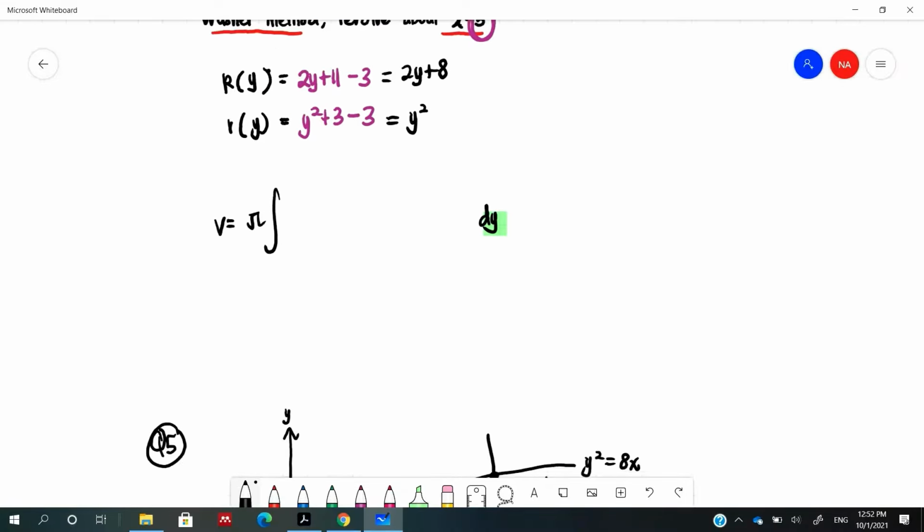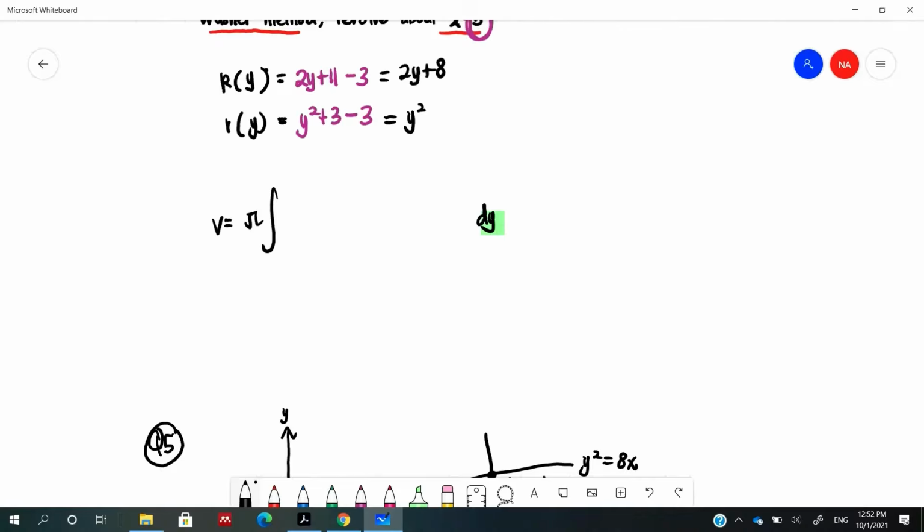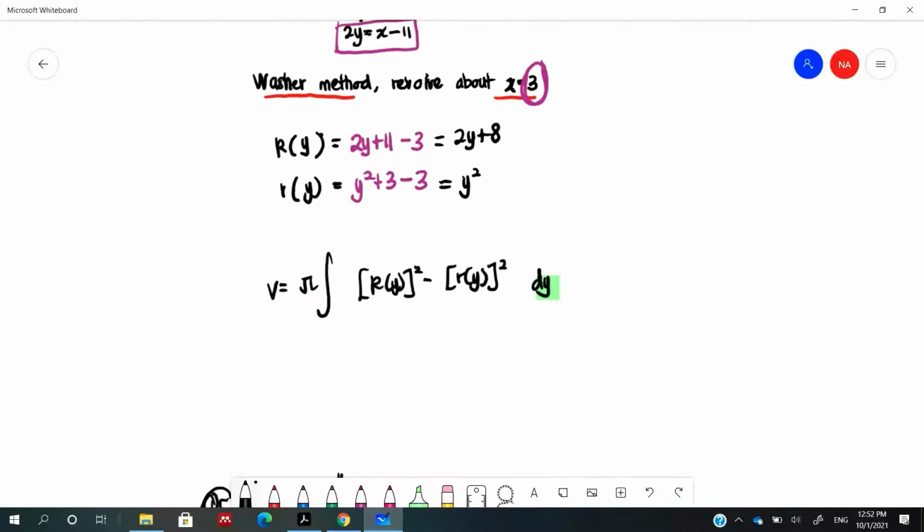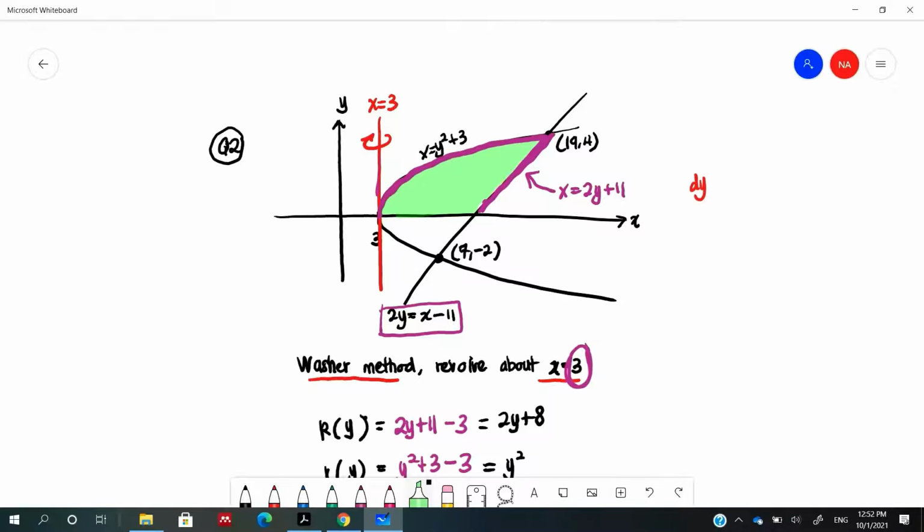So when we want to find the volume, it should be R squared minus r squared, outer radius minus inner radius. But from where to where? Because now we integrate with respect to y, the values should be on the y-axis, so it should be the region.